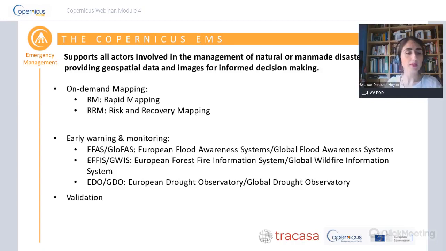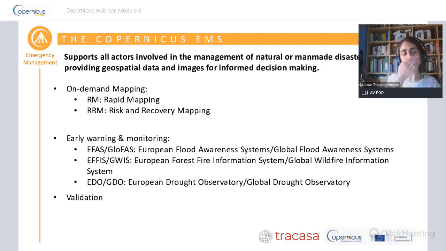Early warning and monitoring is composed of three systems, and the goal is to monitor potential disasters related to flood, forest fire, and drought. EFAS, the European Flood Awareness System, is closed to the public, and its information cannot be consulted, but the other two can.